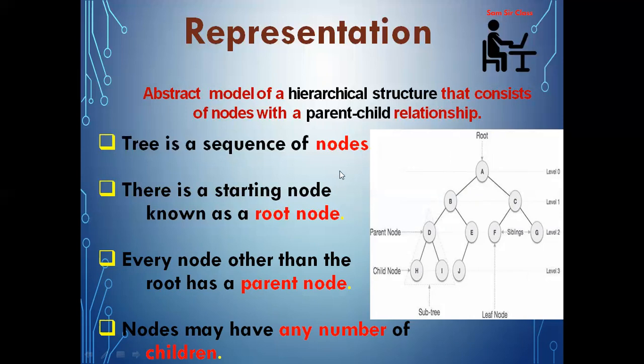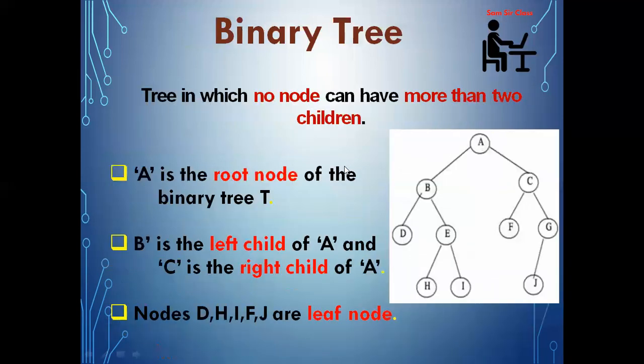Now, in general, if we implement the concept of a tree, it is very difficult to generalize or define it. Why? Because if there are multiple children, how do we define that in general through programming? That is why the next concept, the binary tree, has come. So what is a binary tree? In a binary tree, and this is very important, no node can have more than two children.